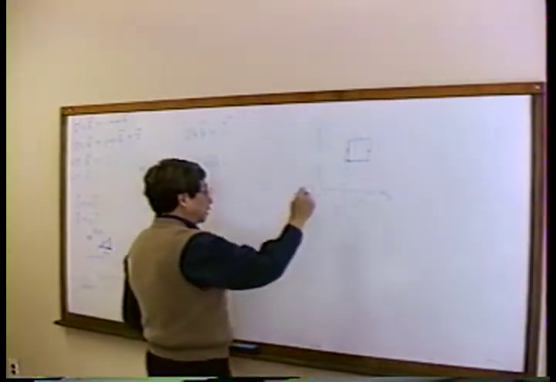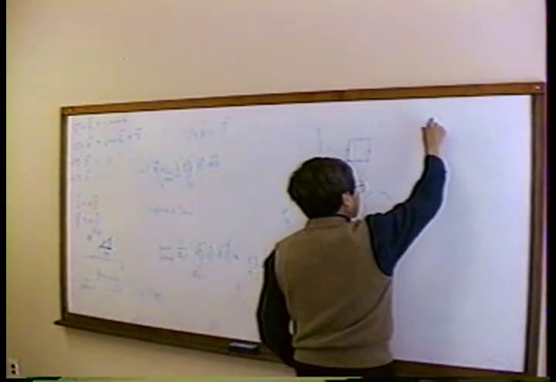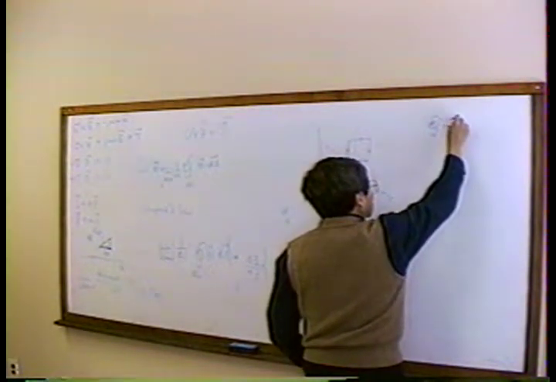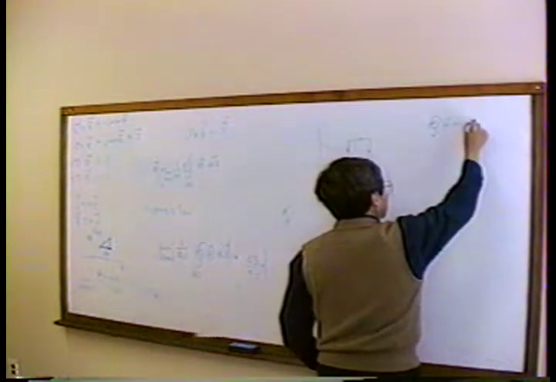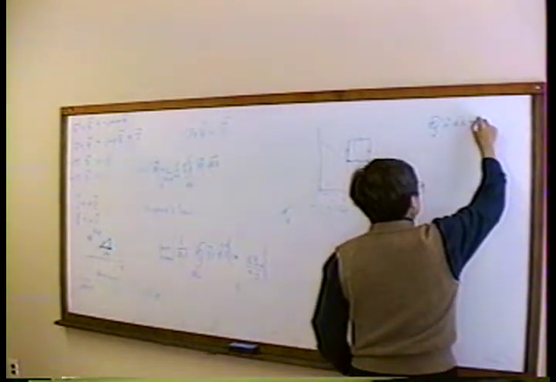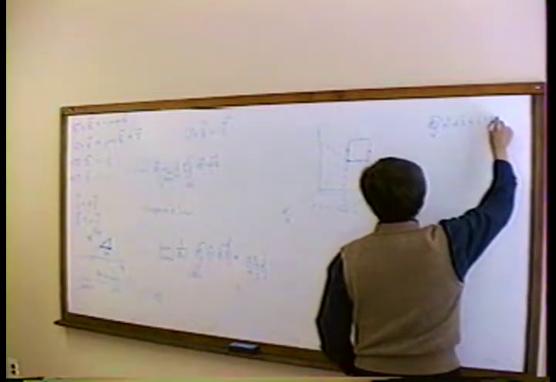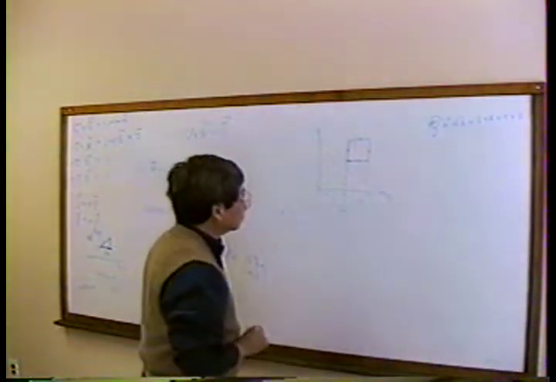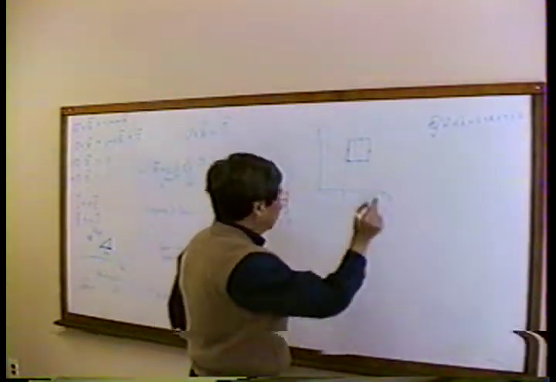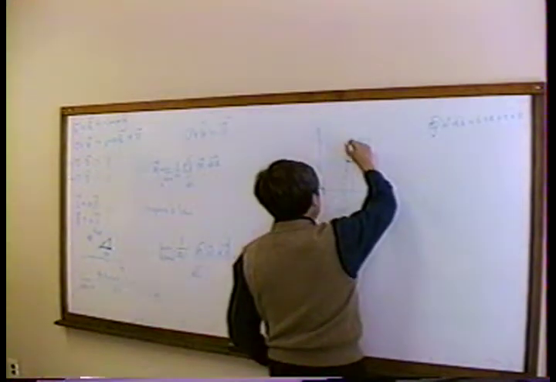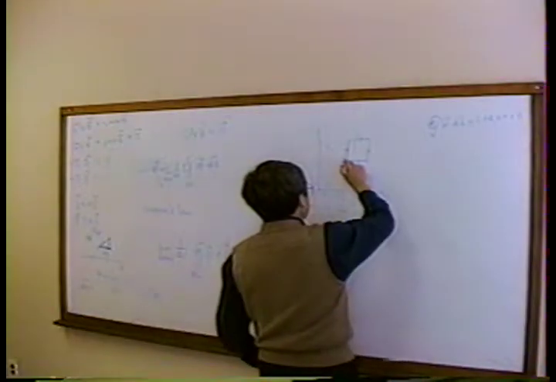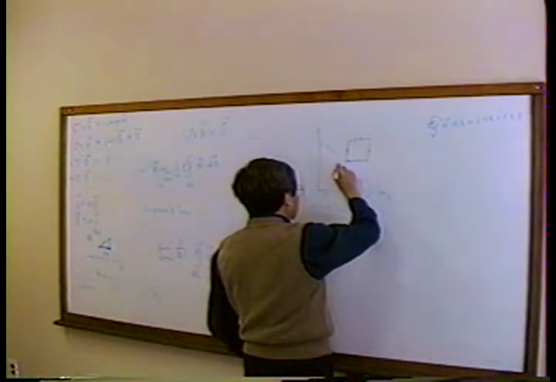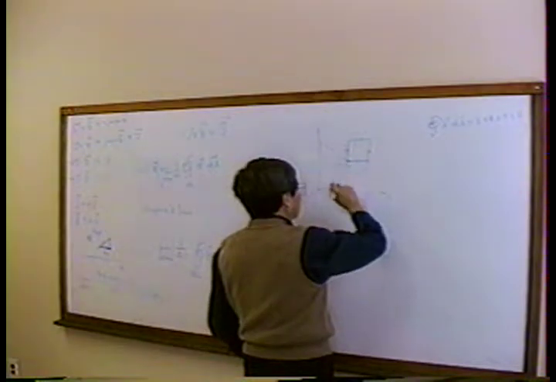So this H dot dl equals left plus right plus top plus bottom. So left plus right. Left is this one, right is that one. So this is x, y, z.